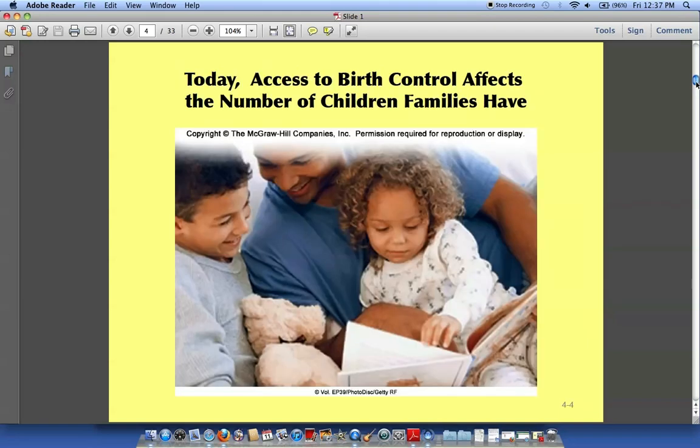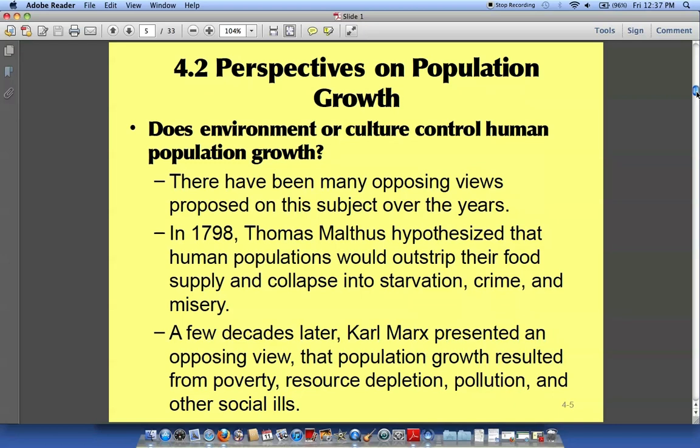So we need to keep it on our minds about what has happened to populations that have that J curve, that exponential growth.